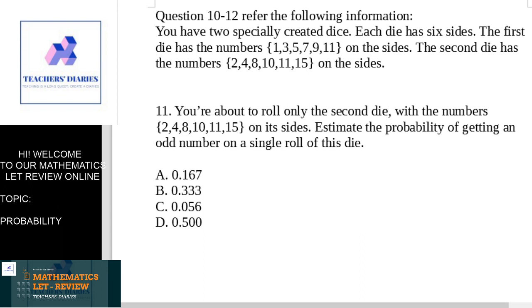You are about to roll only the second die with the numbers 2, 4, 8, 10, 11, and 15 on its sides. Estimate the probability of getting an odd number on a single roll of this die. A. 0.167. B. 0.333. C. 0.056. And letter D. 0.500.